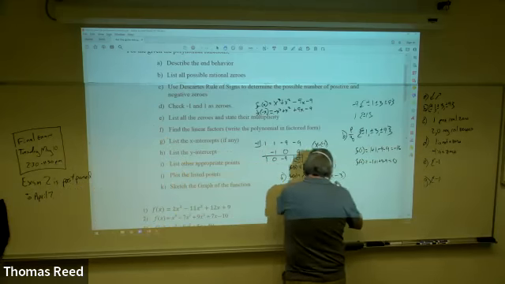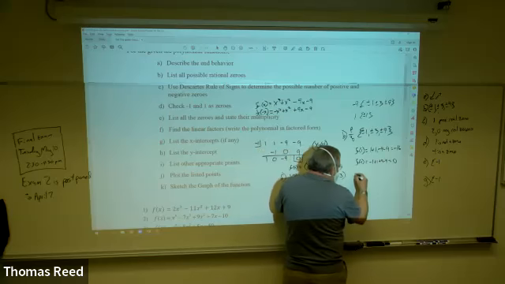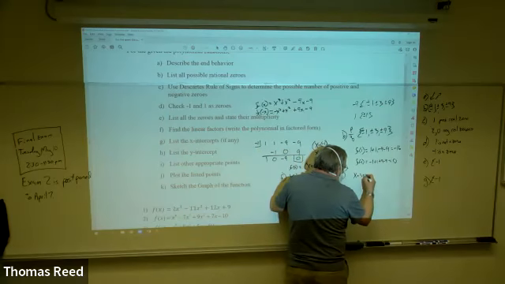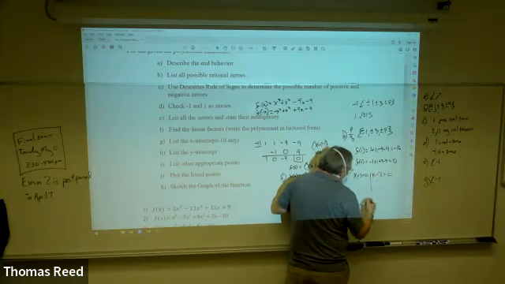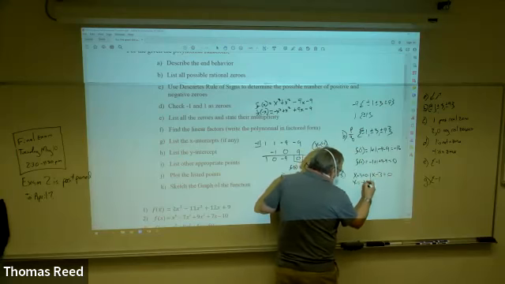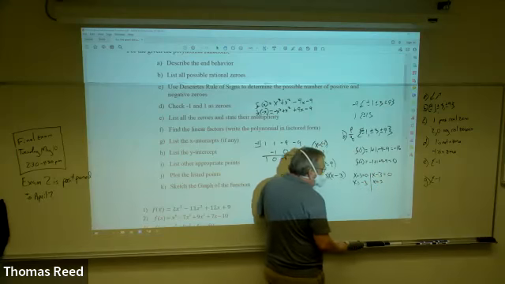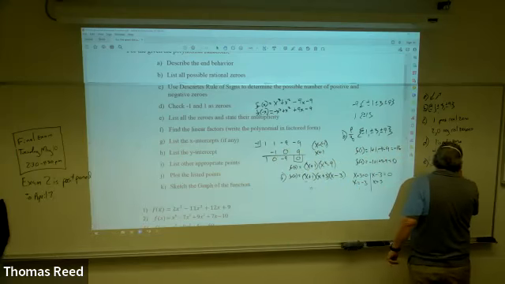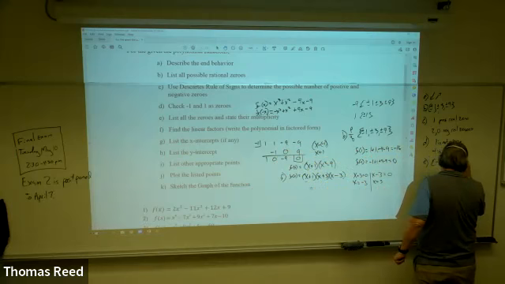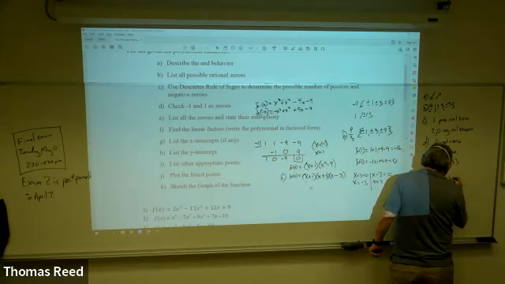So I set each of these equal to 0, because I already know this one. I need to find these 2. So now I have x plus 3 equals 0, or x minus 3 equals 0. In the first case, I get x equals -3. In the second case, I get x equals 3. So those are my 2 more zeros, -3 and 3. And those are also 2 more of my x-intercepts, -3 and 3.